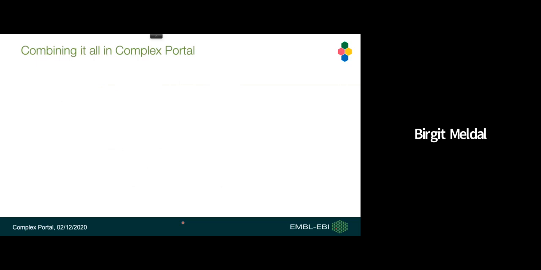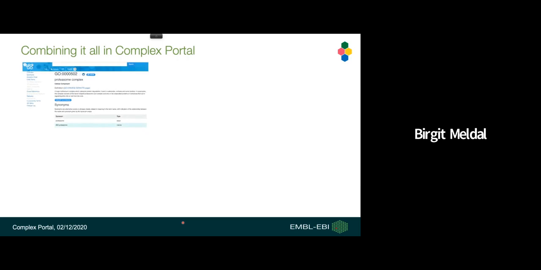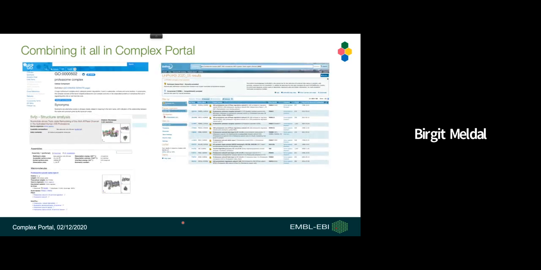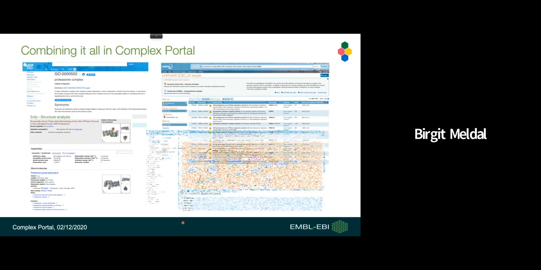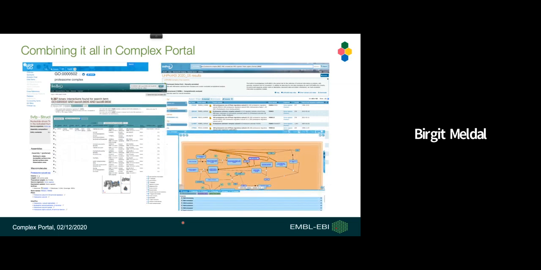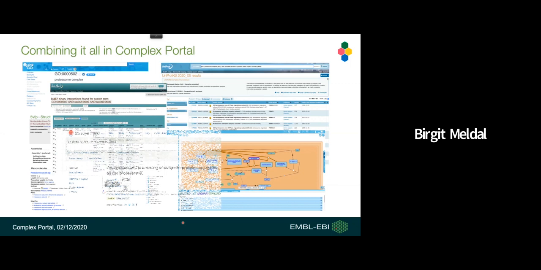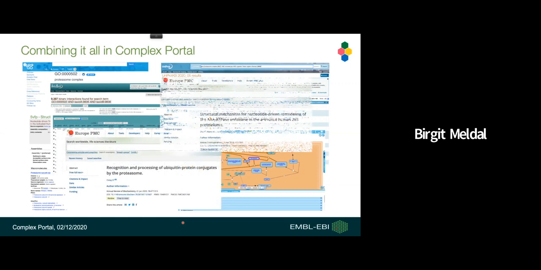So the Complex Portal brings it all together. We take the definition, the list of participants, we link to structures and reactions and molecular interactions, and everything we curate is based on literature, on experimental evidence in most cases, and published data.